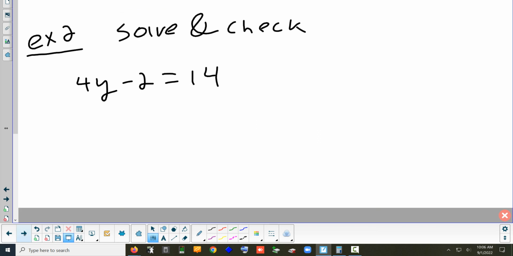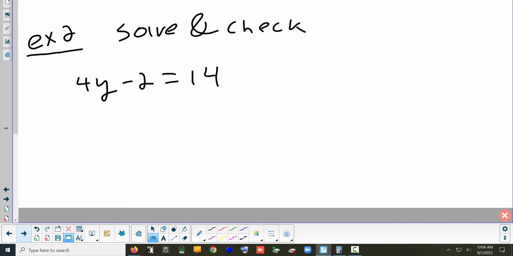Okay, so let's solve this one, and they want us to check it. It says 4y minus 2 equals 14. Even if we don't have this step in the problem, can someone remind me what's the first step when you're solving an equation? What did we call it?